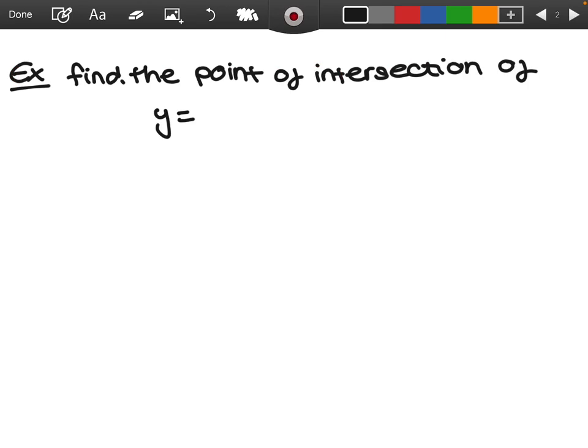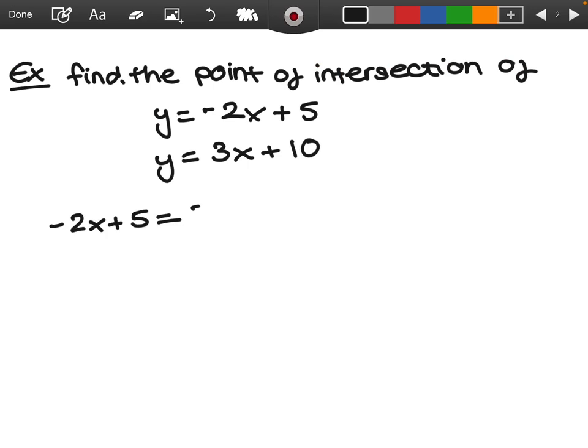I'm going to have y is equal to negative 2x plus 5 and y is equal to 3x plus 10. Both of the left-hand sides of these equations are the same, therefore I can set the right-hand sides equal to one another, because if they both equal y, they both equal the same thing.